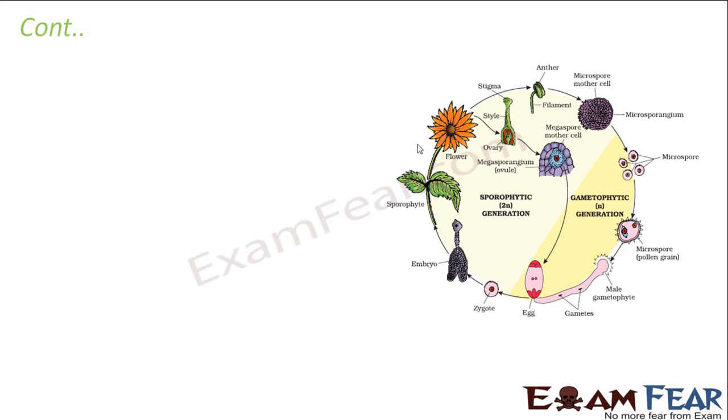And this zygote will form the sporophyte and then the sporophyte will again release the spores. So the reduction division will take place in the anther and in the ovary of the pistil, because that is the place where the spores or the gametes are actually formed. So if you remember the life cycle, you can actually tell where exactly what happens.